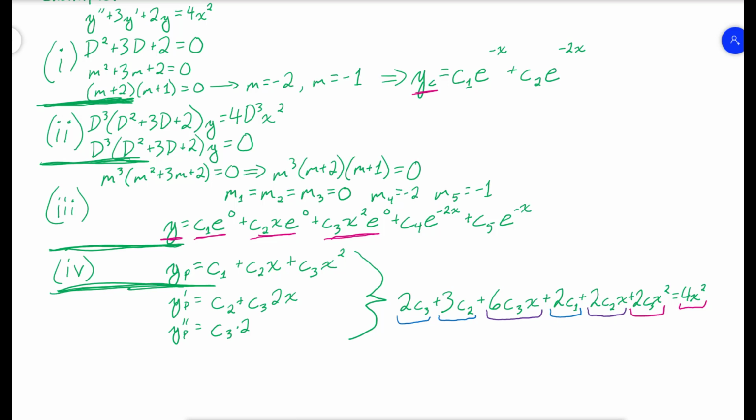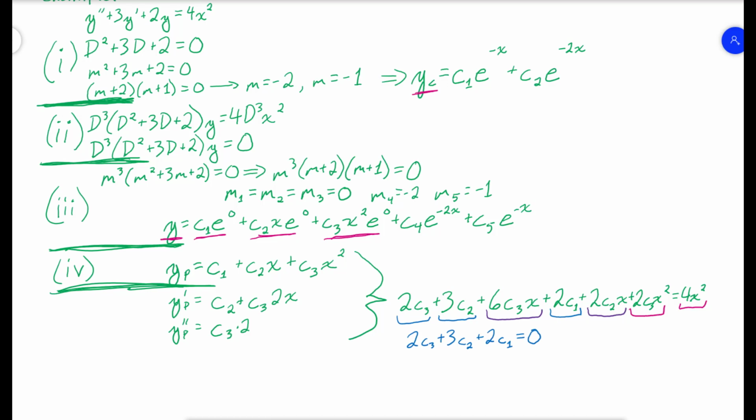So if I match these up, what I get from my constants is that 2c3 plus 3c2 plus 2c1 must equal 0 because there are no constants on the other side of the equal sign.